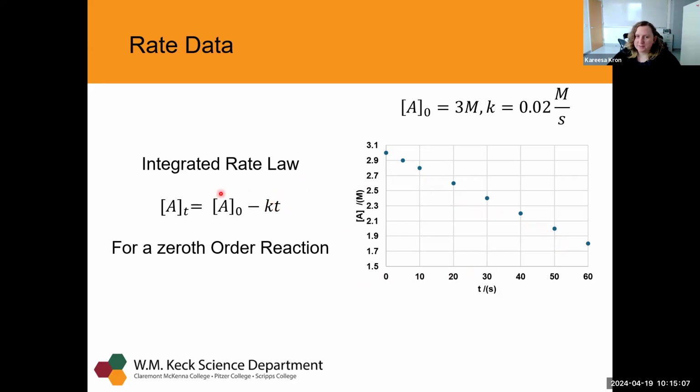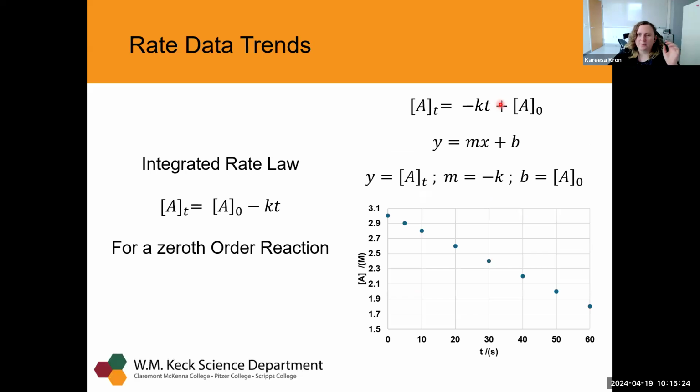And what's nice about this is that if you know your integrated rate law, then you can take a plot like this and derive what your initial concentration is, or what your k is, your rate constant for the reaction. So if we rearrange this integrated rate law slightly, we have the concentration at some time is equal to negative kt plus the initial concentration.